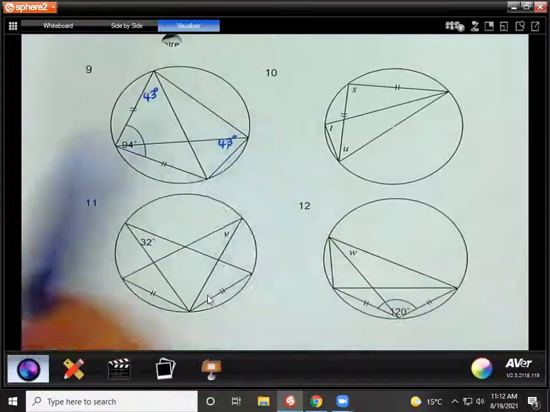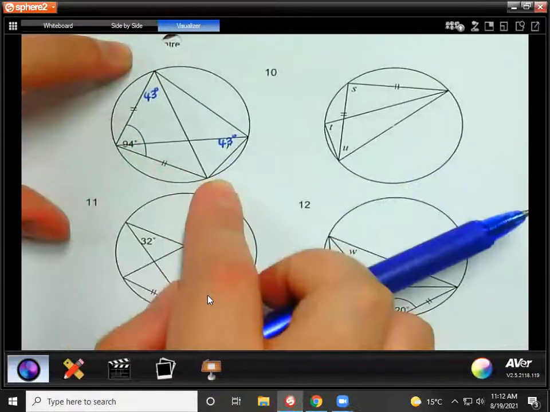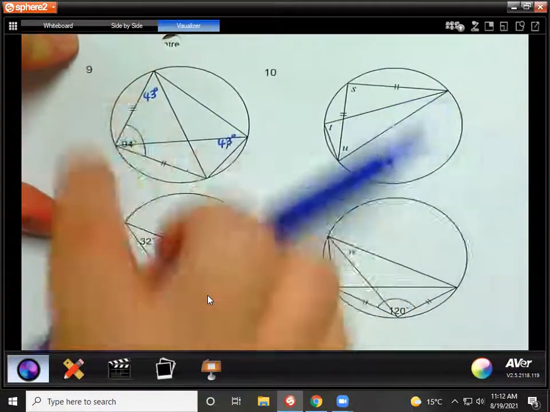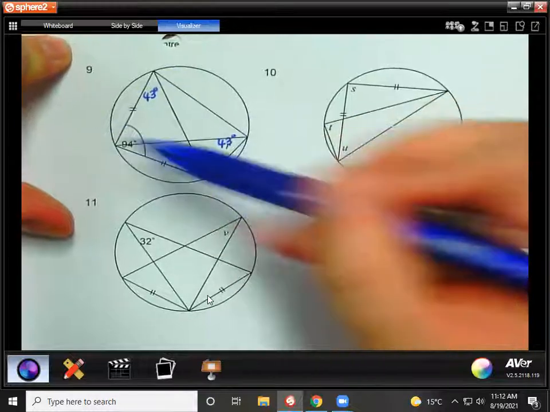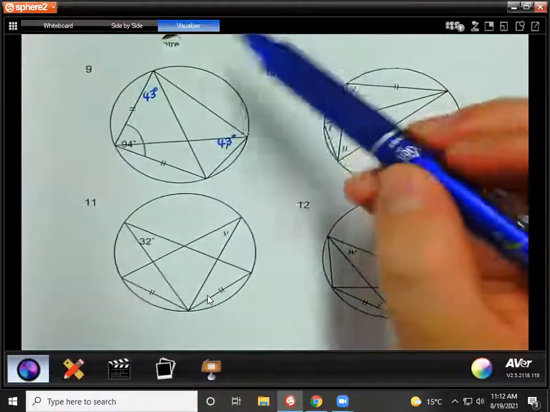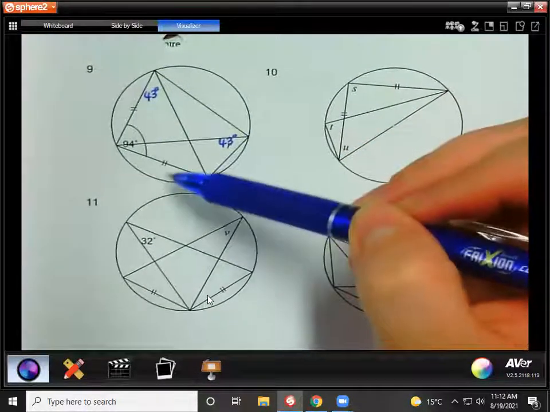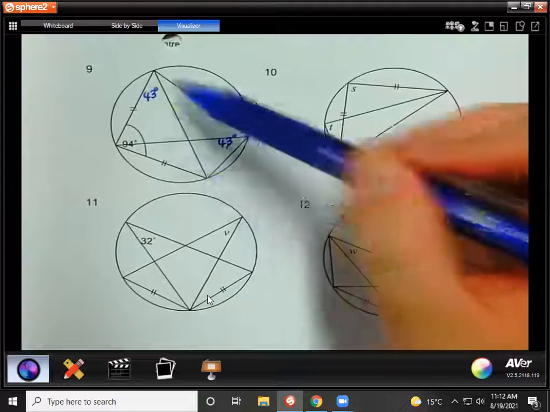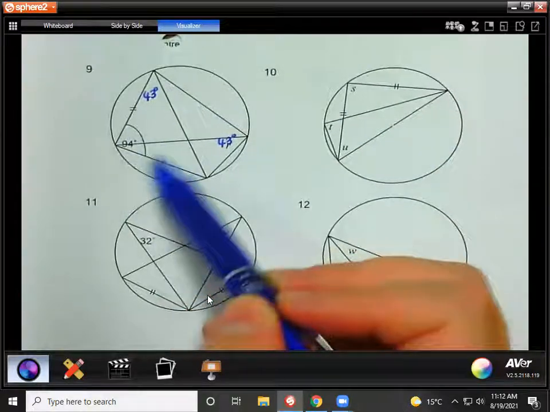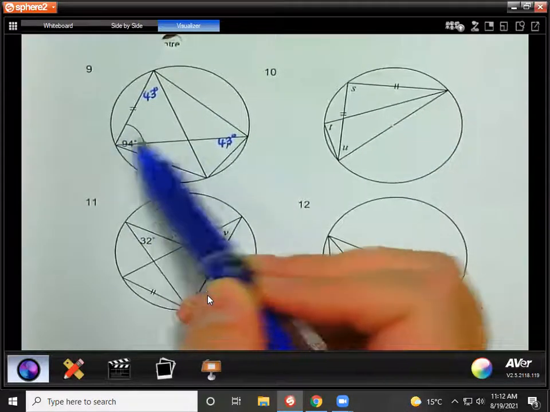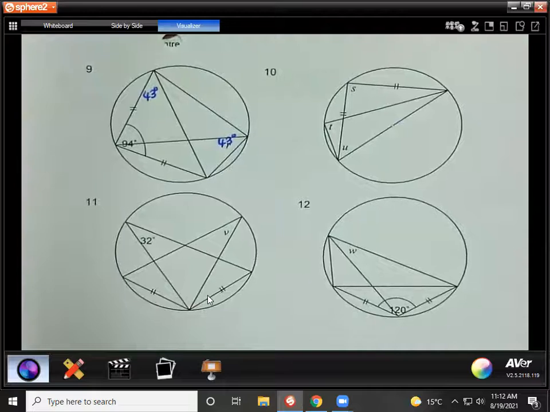So what you had to do for number 9, they're telling you that this is an isosceles triangle, right? We couldn't see that because these lines actually aren't radii, all right? So they have to tell us that these two lines are equal, meaning that those two angles will be equal. So the calculation, you're going to say 180 minus 94. That will give you the two angles together.